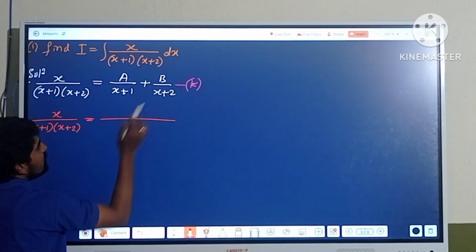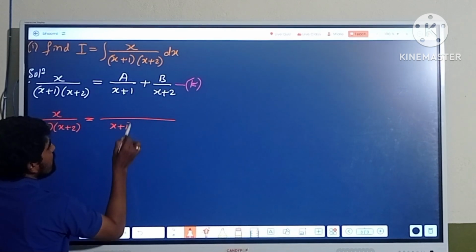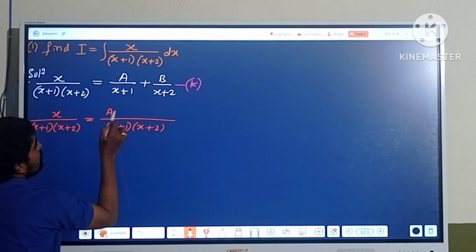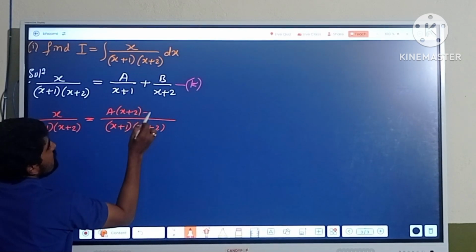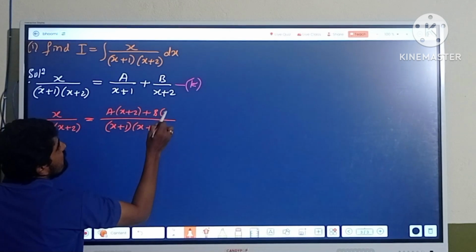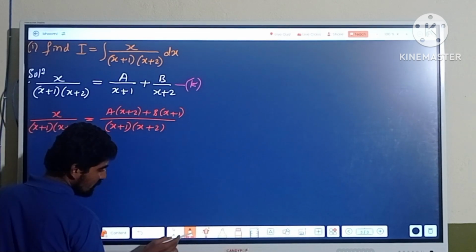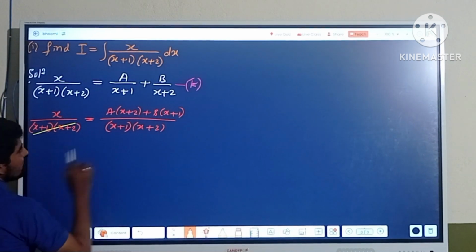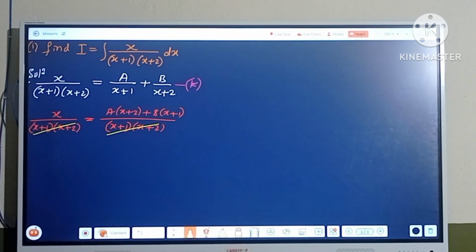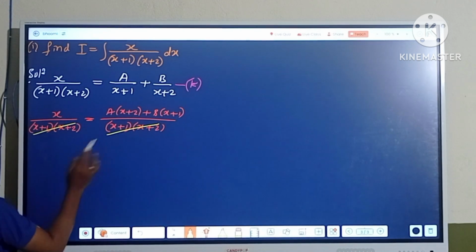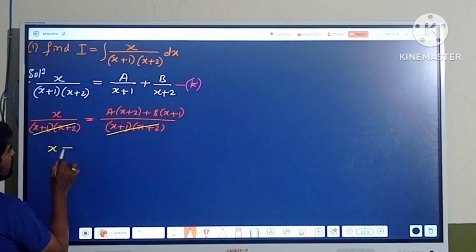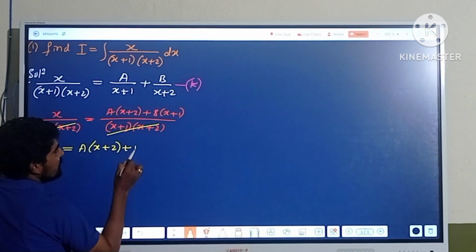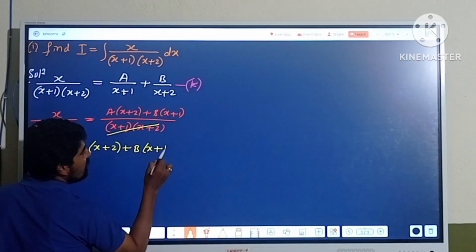The LCM of x plus 1 and x plus 2 is (x plus 1) into (x plus 2), then A is multiplied by (x plus 2) plus B is multiplied by (x plus 1). Now observe here, on LHS and RHS the denominator is the same, that's why I am going to cancel from both sides. After cancelling the denominator on both sides, we get x is equal to A into (x plus 2) plus B into (x plus 1).